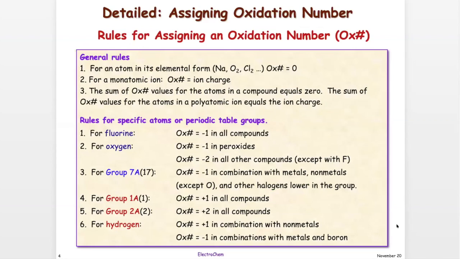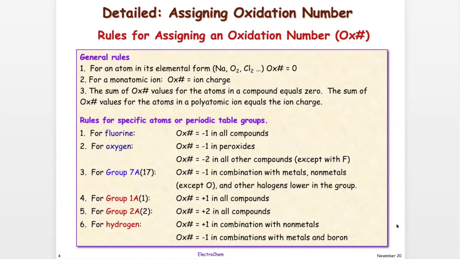Now here are common rules that you should remember from Chem 200. That is how to determine the oxidation state of any element in a formula. The priority goes with fluorine, oxygen, nitrogen. The priority is always based on the most electronegative element. So fluorine is always -1.